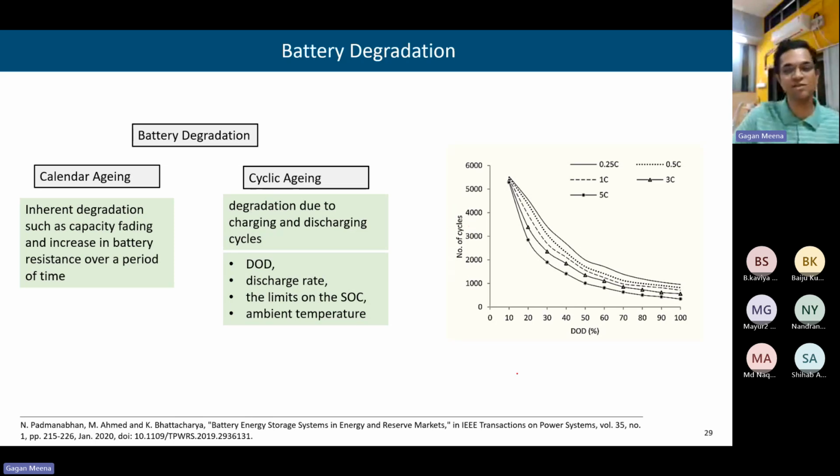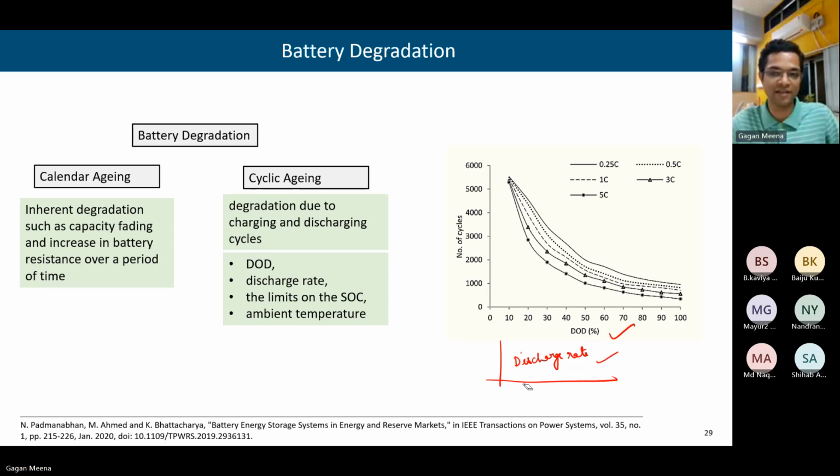And this relation is also there with respect to discharge rate. So this degradation depends upon a number of factors. The two most prominent factors are depth of discharge and discharge rate, the rate at which it is discharging, and it also depends upon temperature.